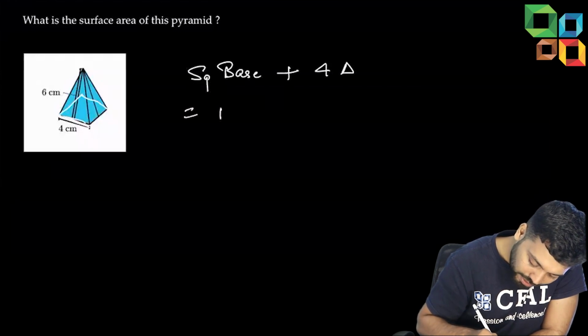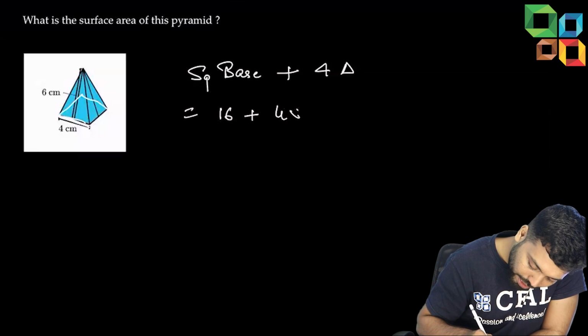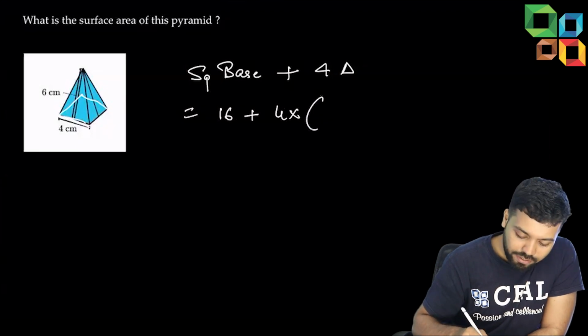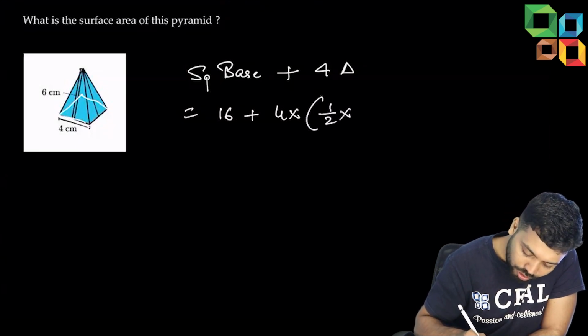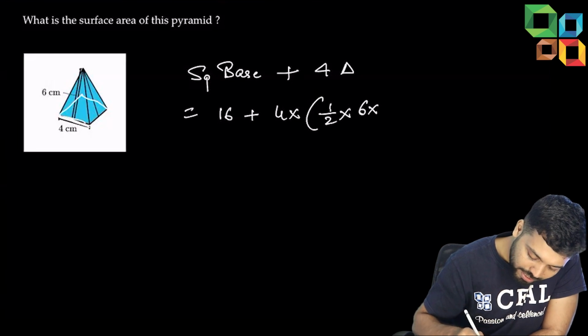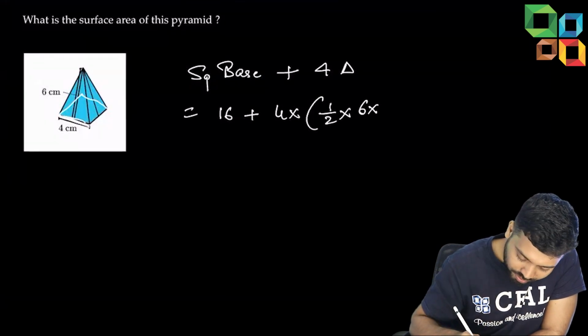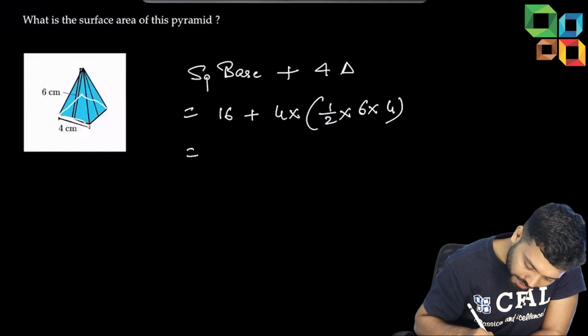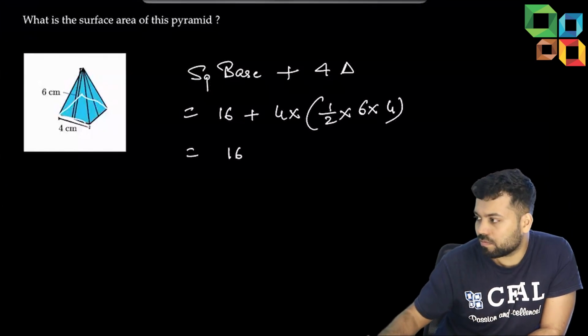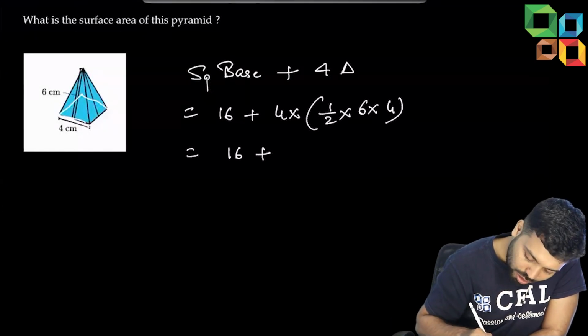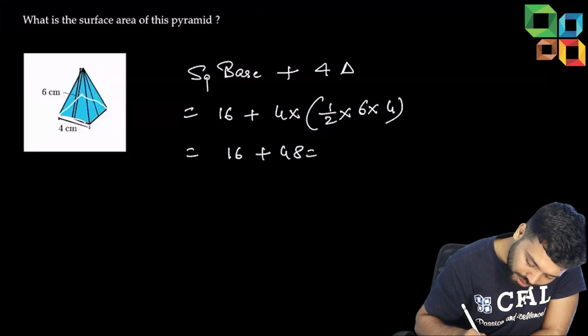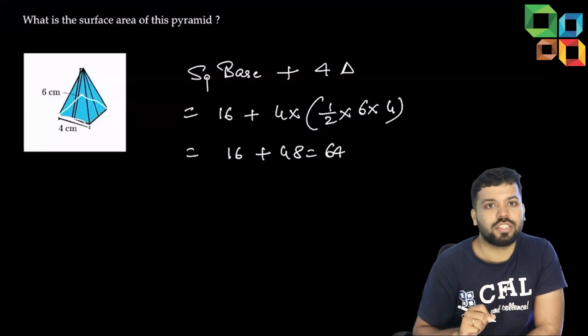So we will get 16 plus 4 times. So height is given as 6. So half into height is 6 and base is 4. So we will get 16 plus 48, which is 64.